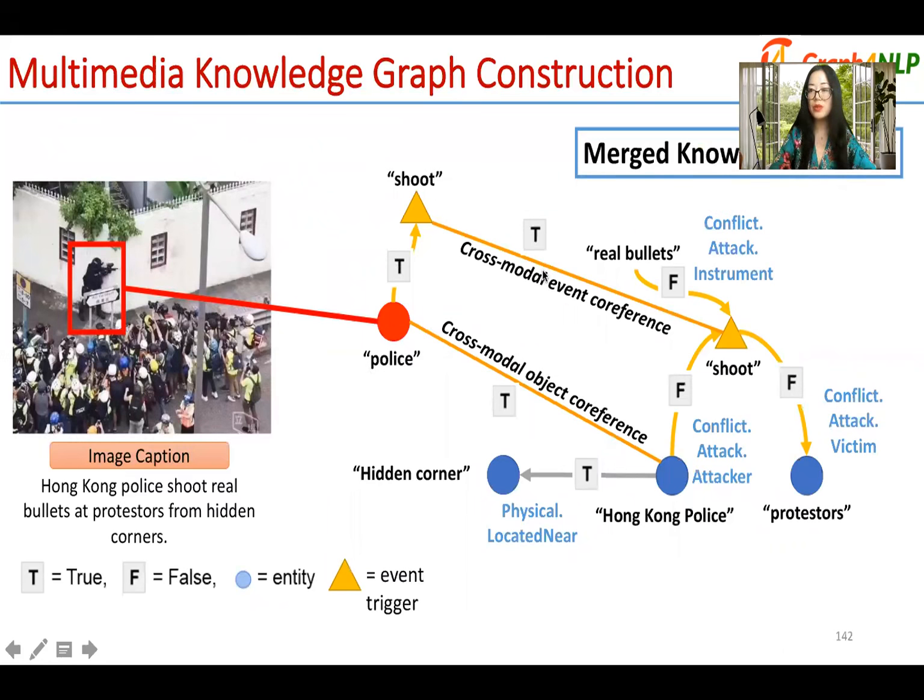So what we need to do is to construct a multimedia knowledge graph, and then we do cross-media coreference resolution to link this shooting event with the shooting event that appeared in the caption and in the body text. And then we also do object coreference resolution to ground these bounding boxes into the entities we extracted from the body text and the caption.